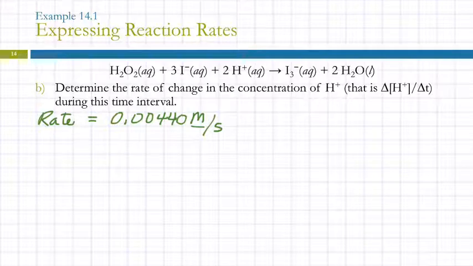So this is asking us to figure out what is the rate of change of H plus. So that would be delta H plus over delta t.